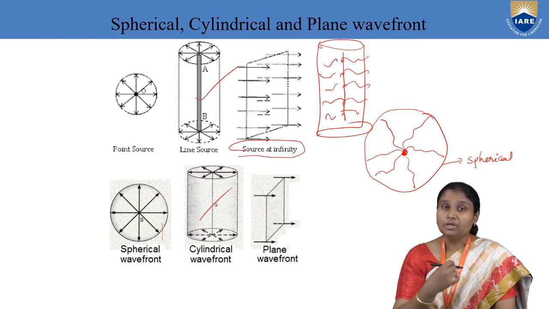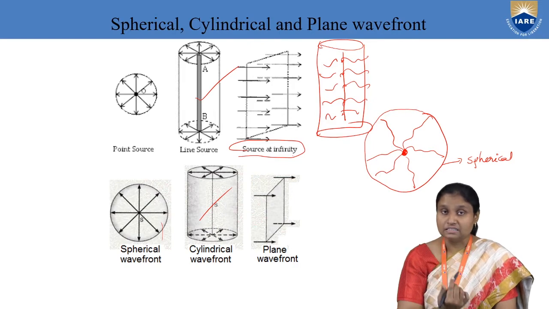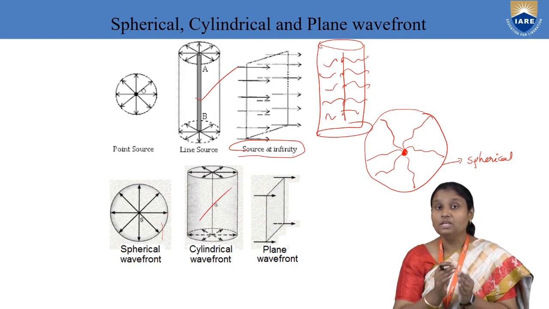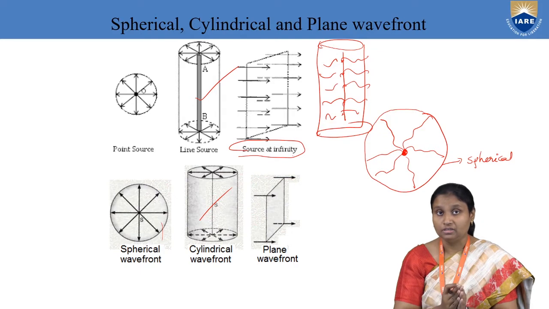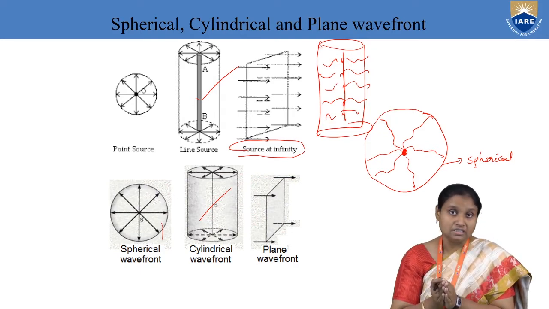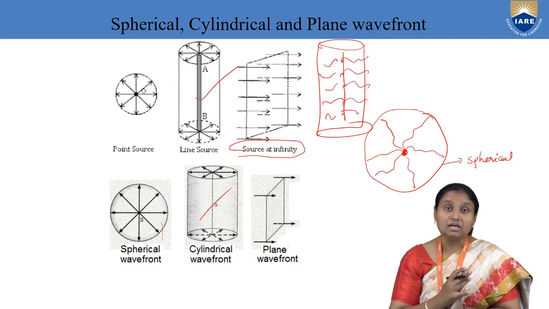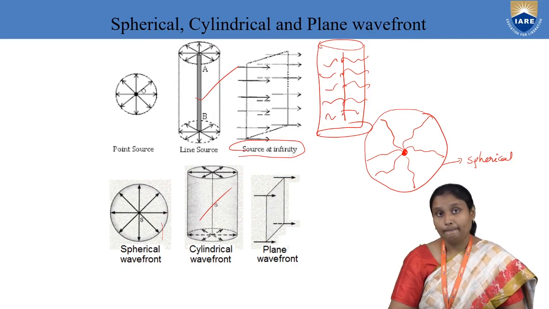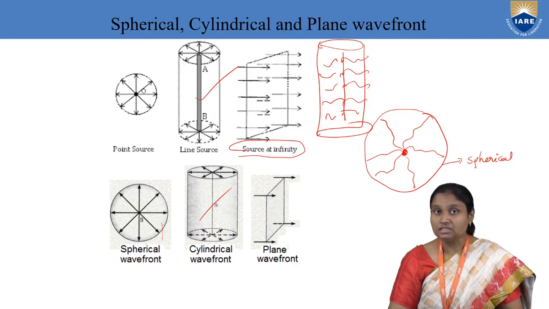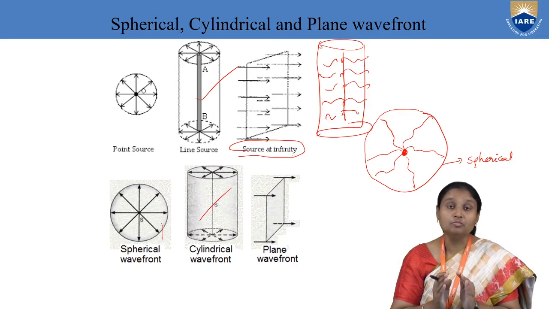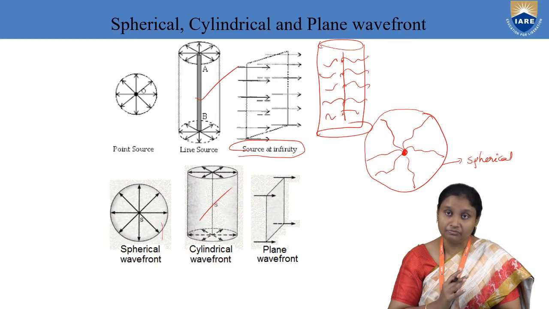Because we are keeping our source at infinite distance, what you will observe here is only a part of the wavefront. So the part of the wavefront in a limited region is nothing but our plane wavefront. A portion of either a spherical or cylindrical wavefront limited in a small region is nothing but a plane wavefront.